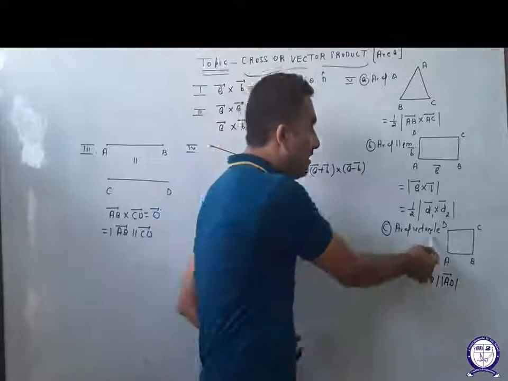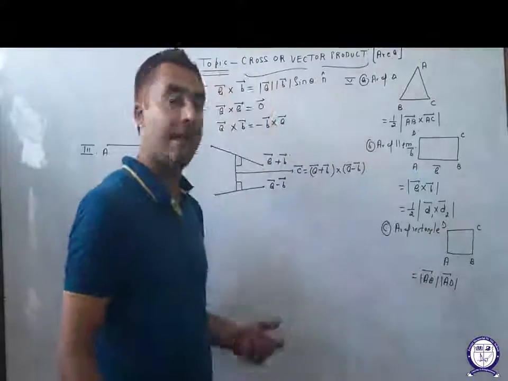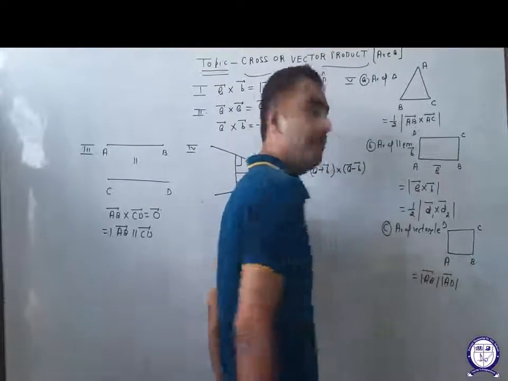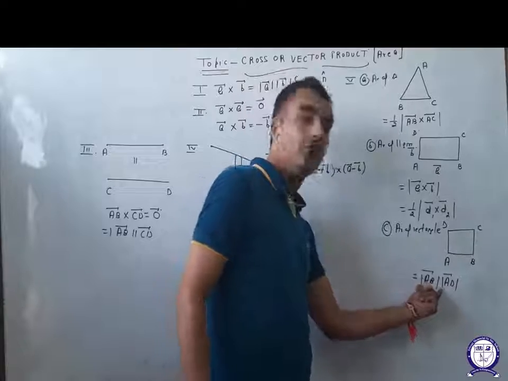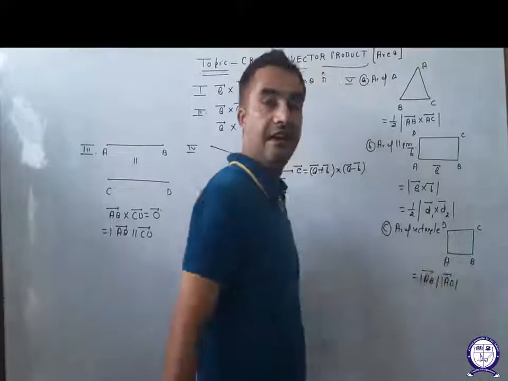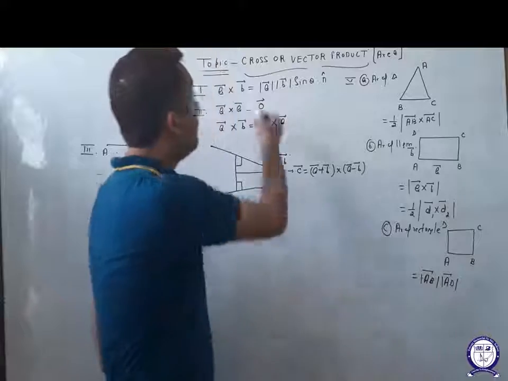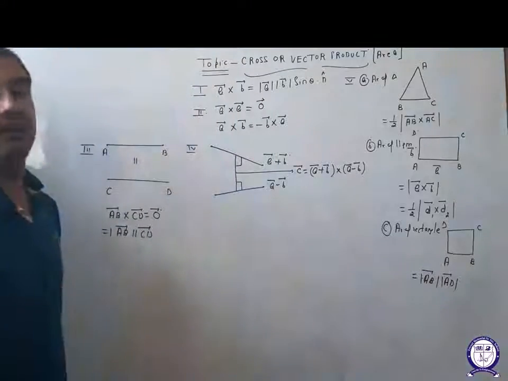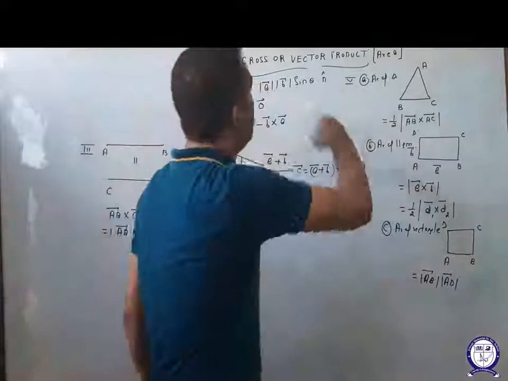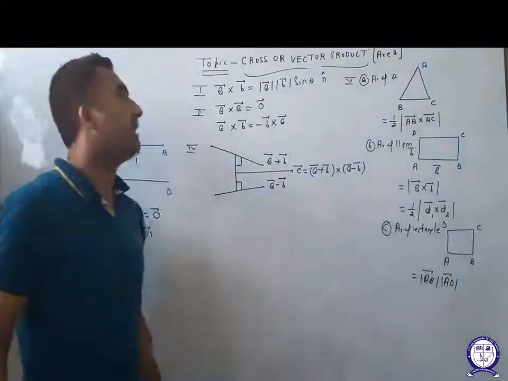And area of rectangle is length into breadth. First of all get side AB and its magnitude, then get your breadth AD and its magnitude. Length into breadth results in the area of rectangle. That is the total concept used in cross or vector product.